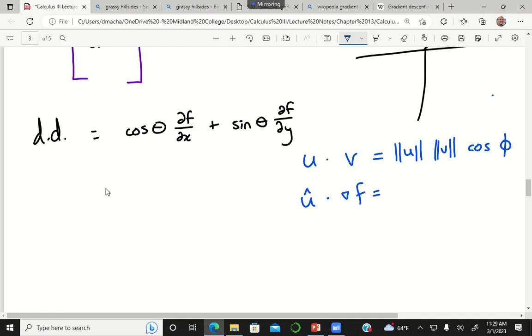And so this should be 1, because that's a unit vector, so the norm should be 1, times the norm of the gradient times the cosine of the angle between the direction vector and the gradient.